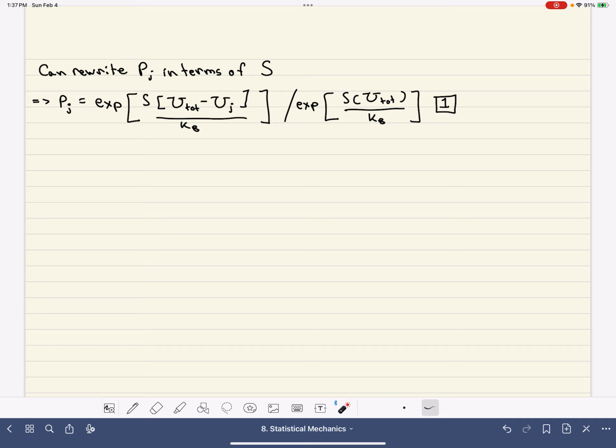But that still doesn't really help us at this point because we don't have a functional form of entropy that's directly related to temperature yet. So in order to relate the entropy directly to temperature, we're going to rewrite this entropy by applying a Taylor series expansion.